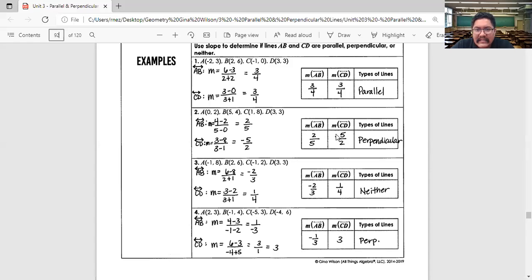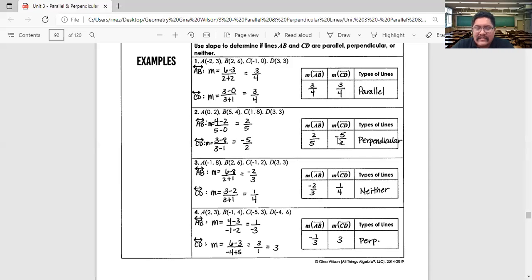And then from C to D, plugging this in from here, so 1 and 8, there's 1 and 8 right here. Plug in 3 and 3, so 3 and 3 are these numbers here. Subtract them, so 3 minus 8 would be -5, 3 minus 1 would be 2, and that's our slope right there. So again, check to make sure it's in simplified form.